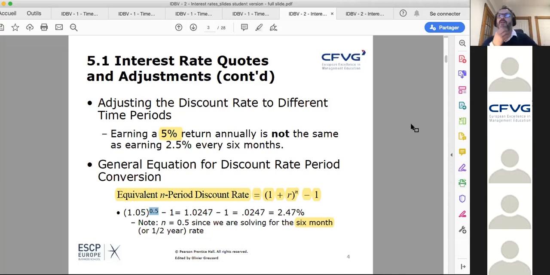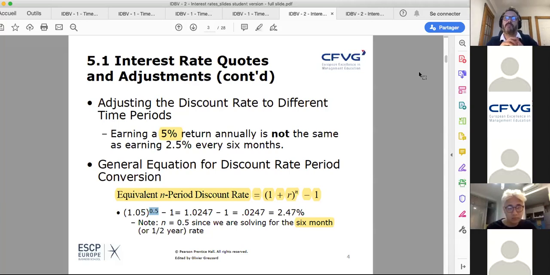So do you have it? The monthly rate which is equivalent to 5% EAR: 1.05 exponent 1 divided by 12 minus 1. Can you share the answer in the chat? Someone? Is there someone who can calculate that for me?